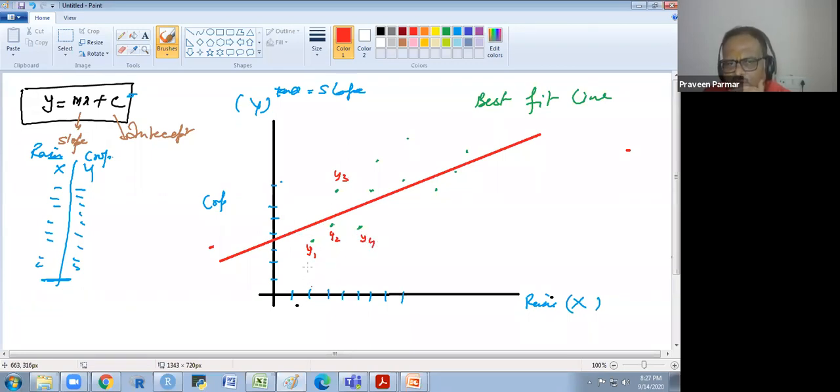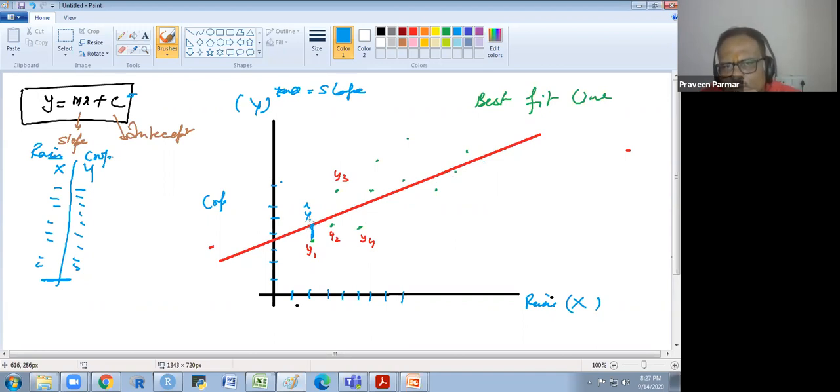These are the actual heights, the actual crop production at each point. And y hat is my prediction point on the line. It is a straight line, so I will get the prediction.